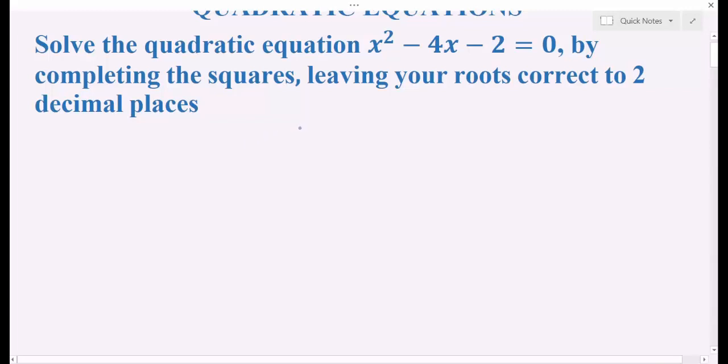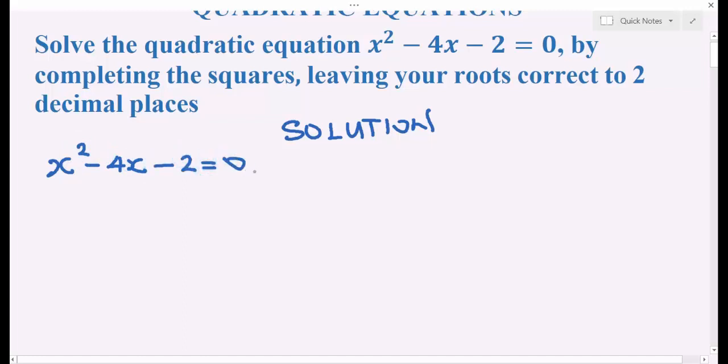And how do we go about this? Solution. We have on the left hand side x squared minus 4x minus 2 is equal to 0.